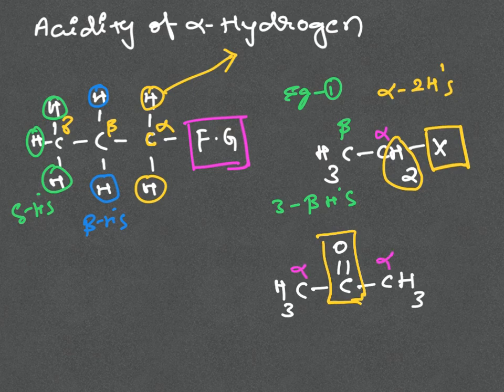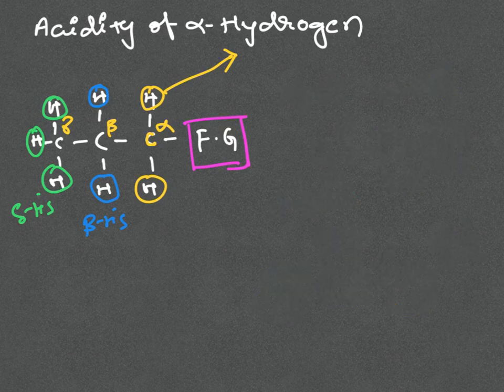The hydrogens which are present on the alpha carbon, we call it as alpha hydrogens. We have total 6 alpha hydrogens present in the acetone, and all these 6 hydrogens are chemically equivalent. It is not mandatory that only one alpha carbon should be present in the molecule. It may be more. Acidic strength of the alpha hydrogen depends upon the functional group.